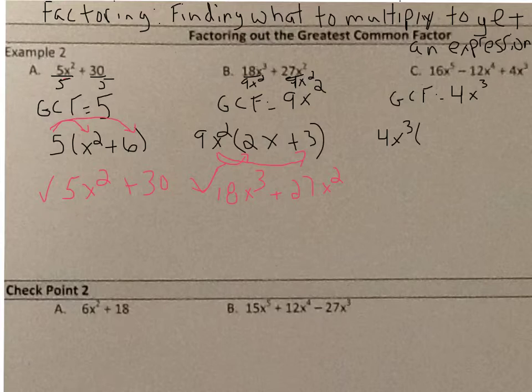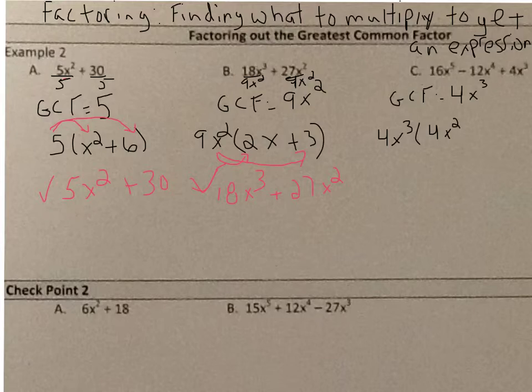And so if I take 16x to the 5th divided by 4x cubed, 16 divided by 4 is 4. And then I've got x to the 5th divided by x cubed. They cancel out 3 of the 5 in the x to the 5th, so that's x squared that's left. And then now we have to treat this minus as a minus. I have minus 12x to the 4th, and I'm dividing by 4x cubed.